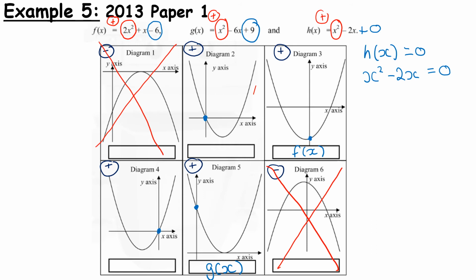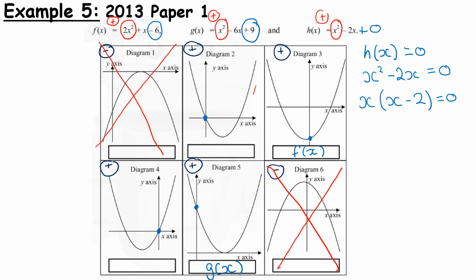Remember, this is not a quadratic trinomial, so we're not going to be using our guide number method or any other, maybe trial and error. Instead, we're going to use highest common factor. So we have an x here, leaving me with x minus 2 equals 0.